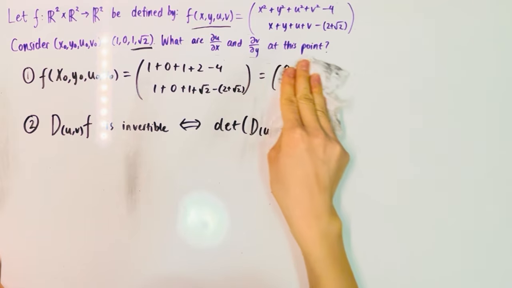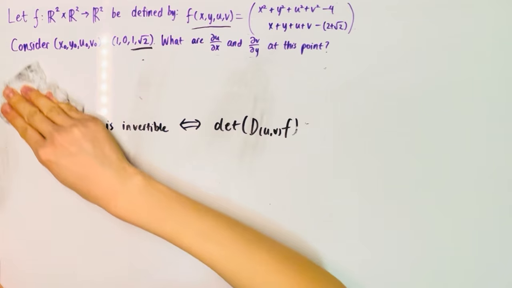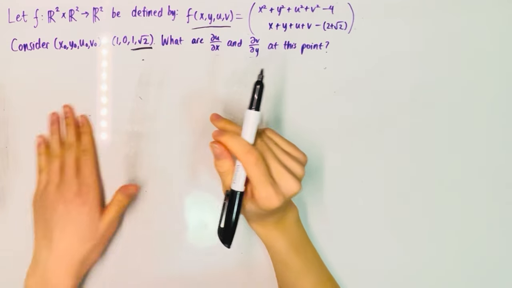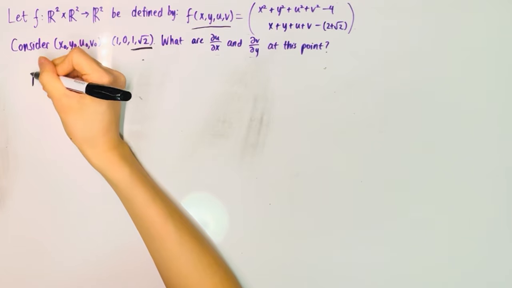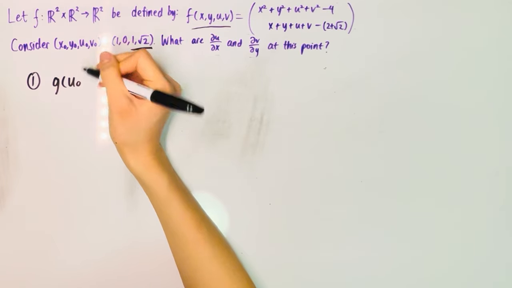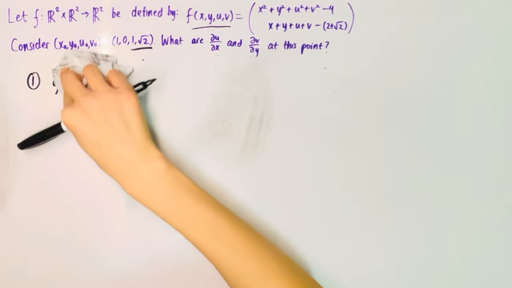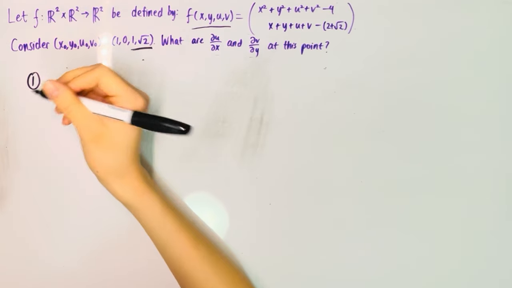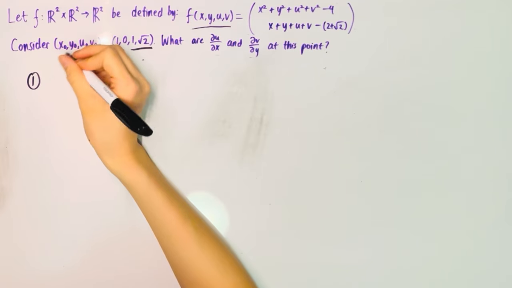What the implicit function theorem tells us is that there exists a function g such that g of x naught, y naught equals u naught, v naught. Again, we're trying to solve for u and v in terms of x and y in a local neighborhood around this point.